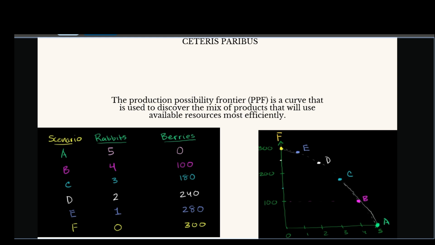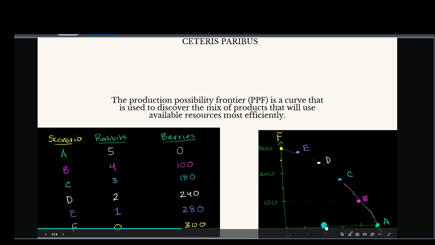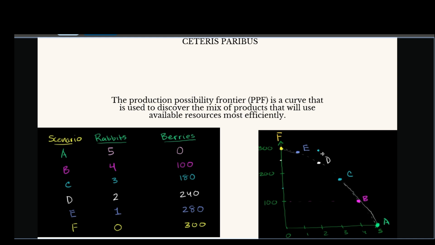Well, with simple math, looking at our graph, 40 berries. We can't take the same amount of berries while hunting more rabbits, it's out of the plot. If we hunted two rabbits and still gathered 280 berries, we would be out of the curve, and as we discussed yesterday, we can't be out of the curve on the top because it's out of our natural possibilities. So in scenario E, adding one more rabbit will cost 40 berries. We go from scenario E to scenario D.